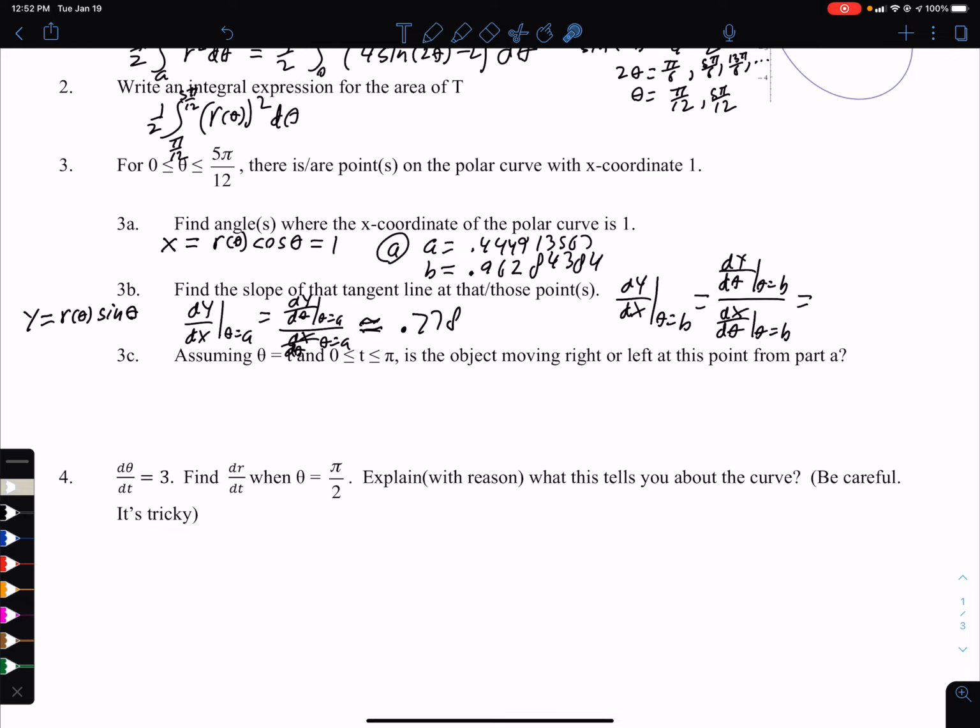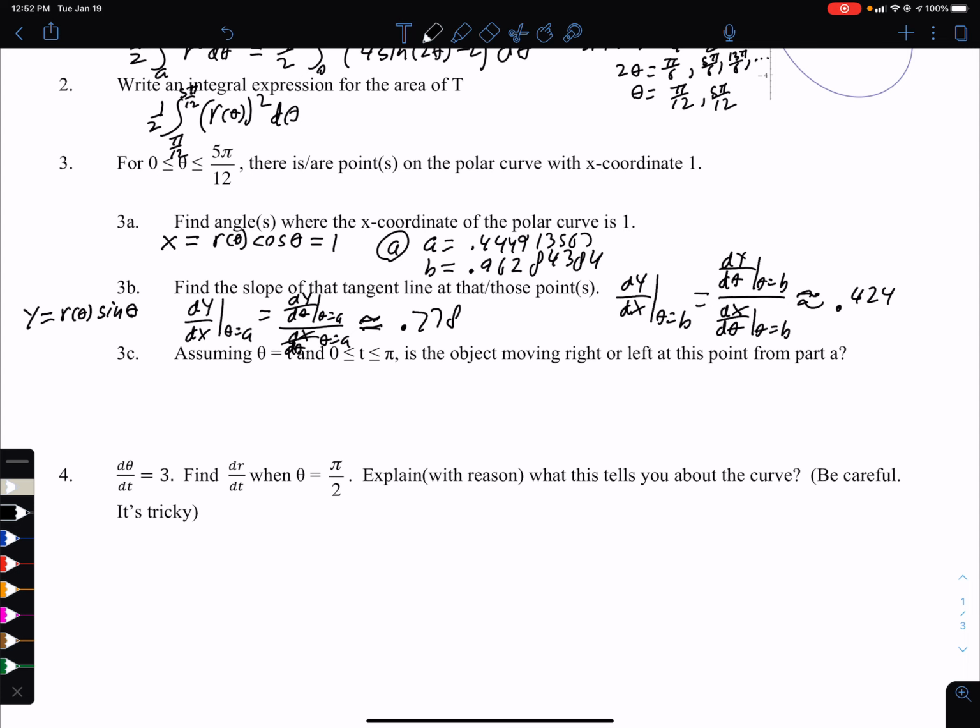So again, you're telling the grader how you got your answers. Again, on your calculator, you're allowed to take derivatives. So I have my x, I have my y, so I'm allowed to find the derivatives. If you do this, it comes out to be about 0.423 or 4, depending if you round or truncate. And that's the answer for the slope of the tangent line.